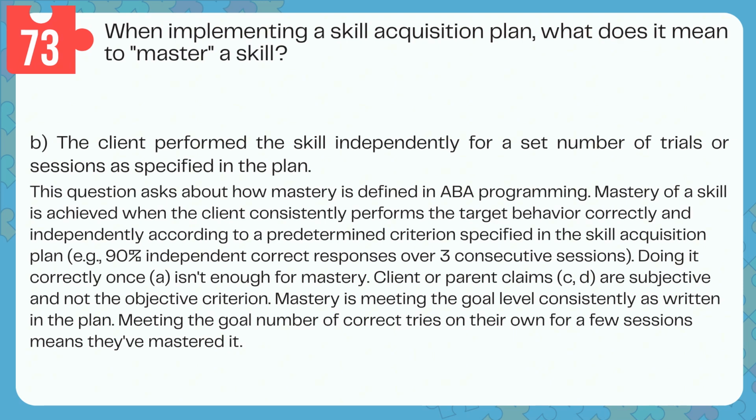Doing it correctly once, A, isn't enough for mastery. Client or parent claims, C and D, are subjective and not the objective criterion. Mastery is meeting the goal level consistently as written in the plan. Meeting the goal number of correct tries on their own for a few sessions means they've mastered it.